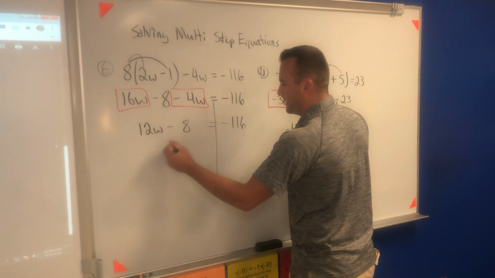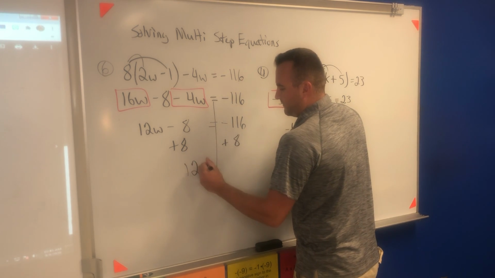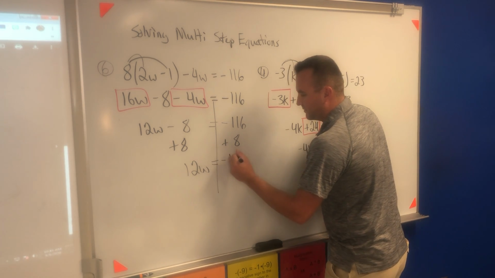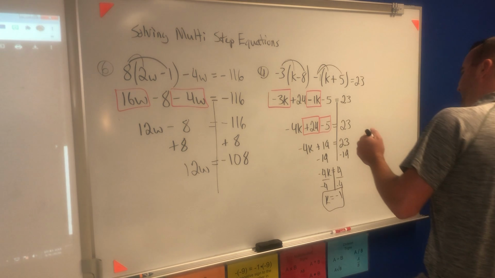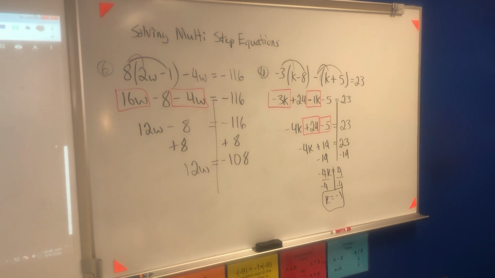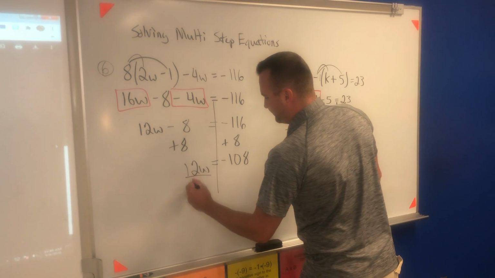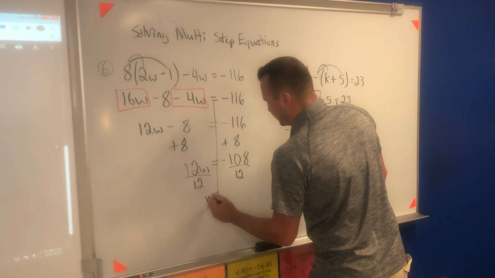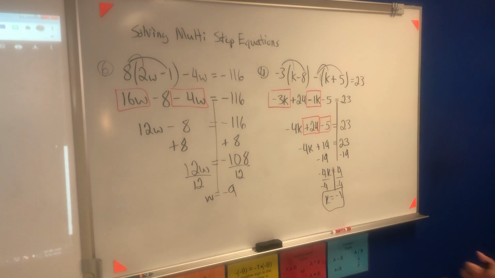Minus 8, I add it to both sides. 12w is equal to negative 116 plus 8 is a negative 108. To get w by itself, we divide by 12. W is equal to negative 9.